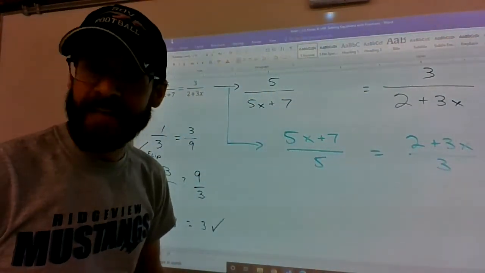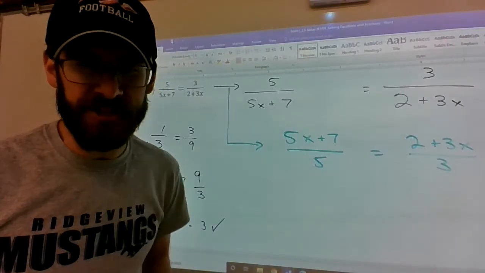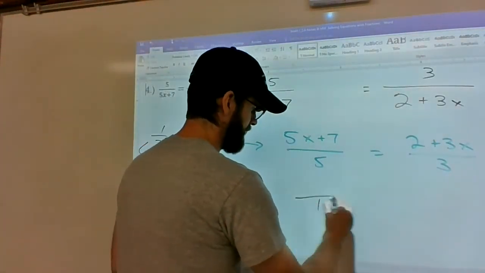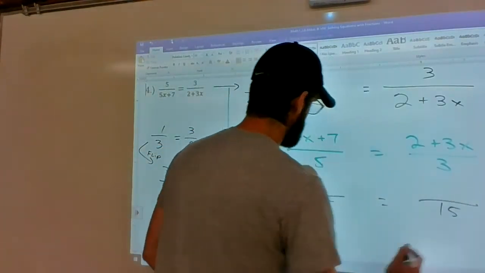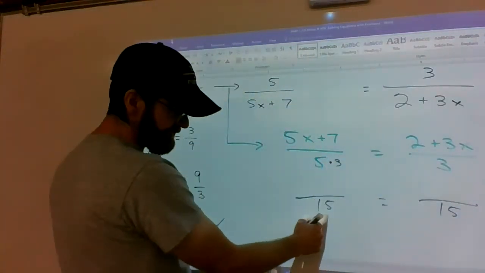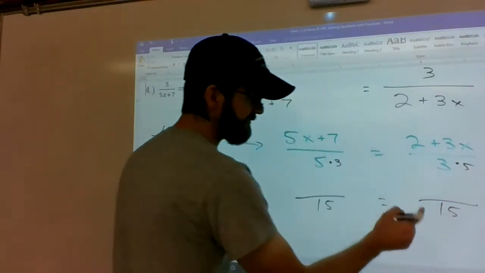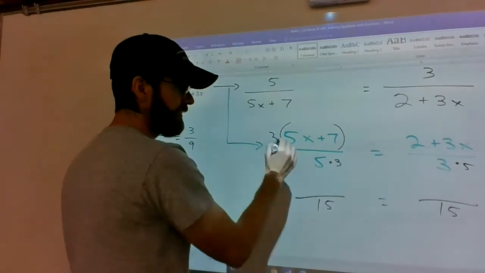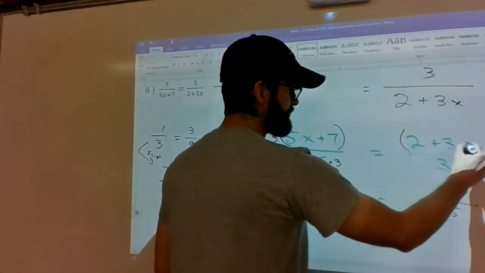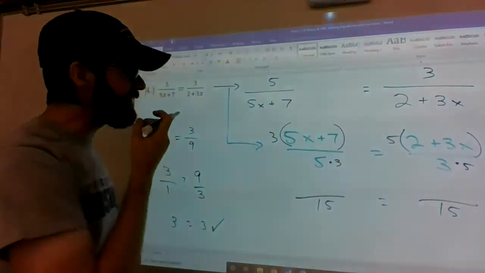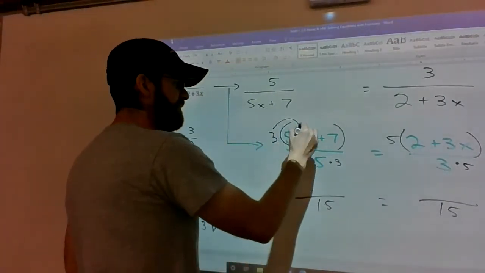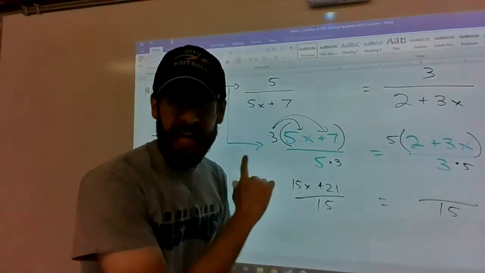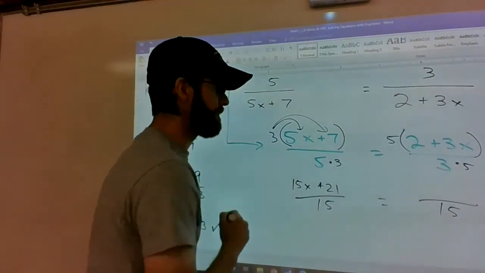Nice. Now all we got to do is say 15 is the magic denominator, I guess. Because you take 5 times 3 to get 15, you take 3 times 5 to get 15, and then all I got to do is transfer that to the top, times 3, transfer that to the top, times 5, and you're left with 15x plus 21 on the left-hand side in the numerator.